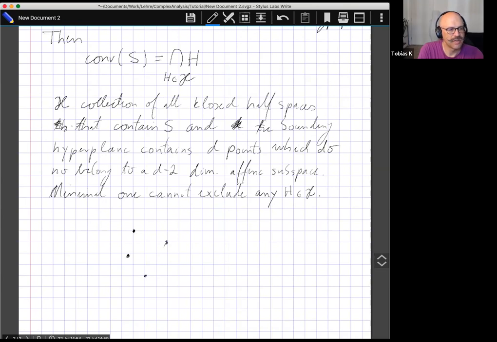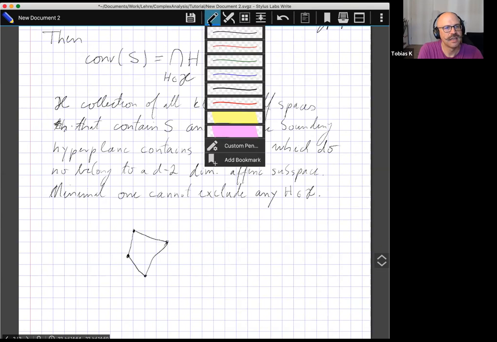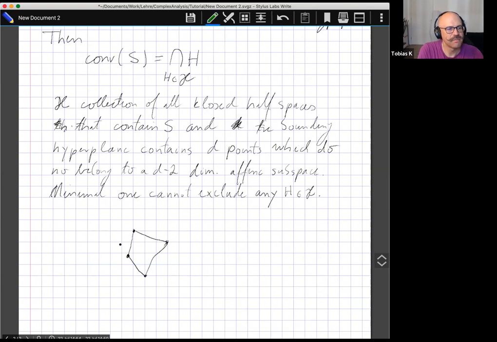So for example, a classical case: if I have some points, then the convex set is given by something like that. And what would be an example of one of these hyperplanes?